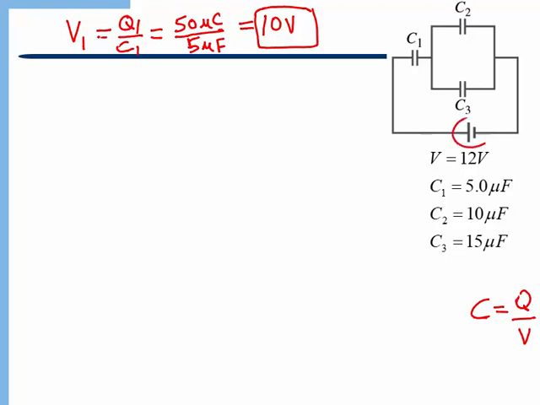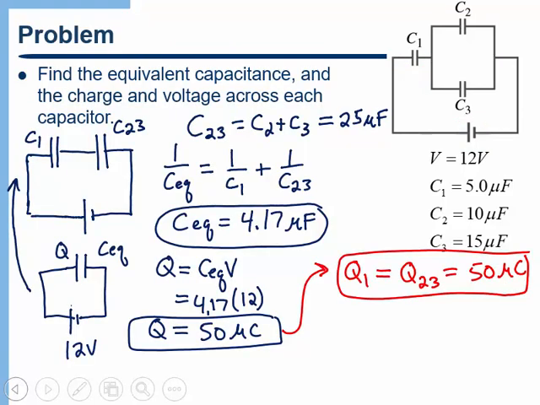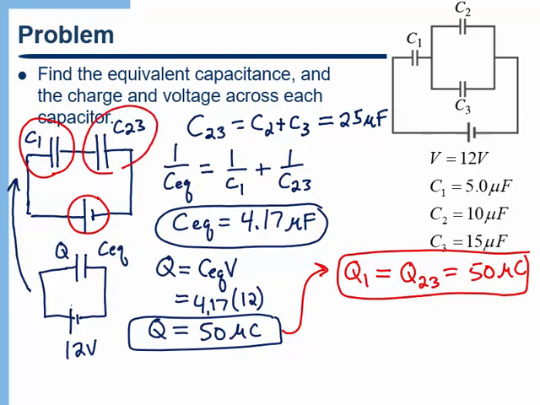So if this is 12 and this is 10, then what does the voltage have to be from here to here? Well, hopefully you understand that since the voltages add as we come around, and probably it's easier to see in this circuit, if this voltage is 12, and we've now figured out that this voltage is 10, then this voltage has to be 2.